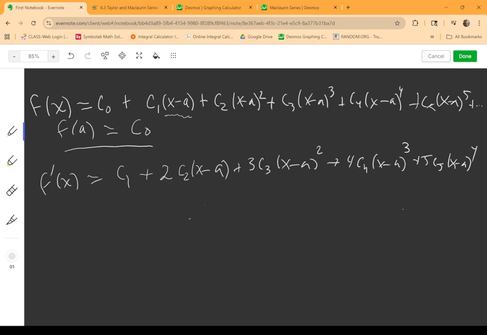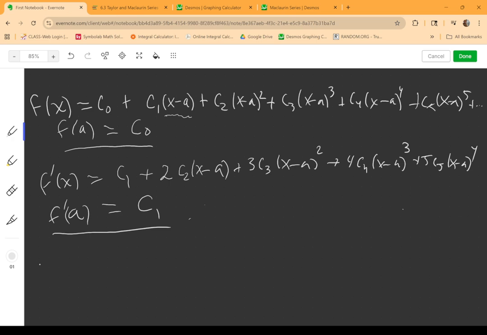We'll do the same thing here, but now instead of f, we have f prime, and let me evaluate this at a. Notice all of these terms that have an x go to 0, so we're left with c1. Now we have what the c1 coefficient would look like. It's constant, just the derivative evaluated at a.